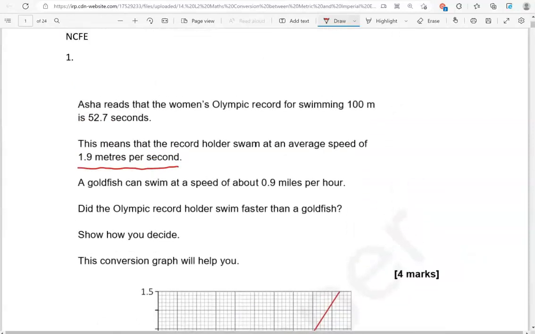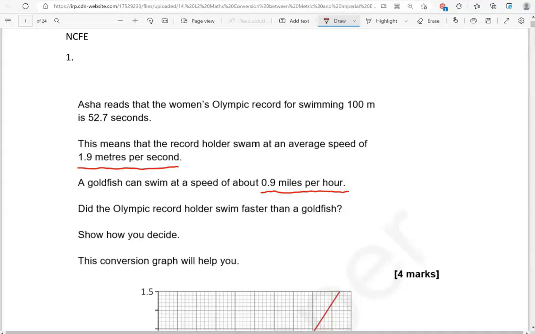So we've got the average speed for the record holder being 1.9 meters per second and the average speed for the goldfish being 0.9 miles per hour. In order for us to compare them both, we need to have them both given in the same unit. So either both meters per second or both in miles per hour. You could go either way.